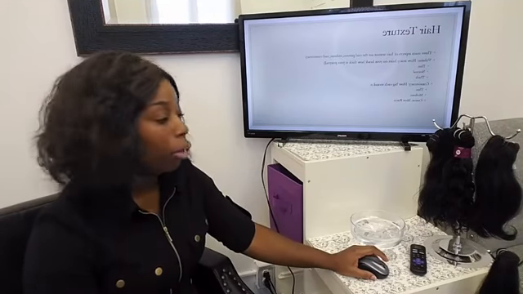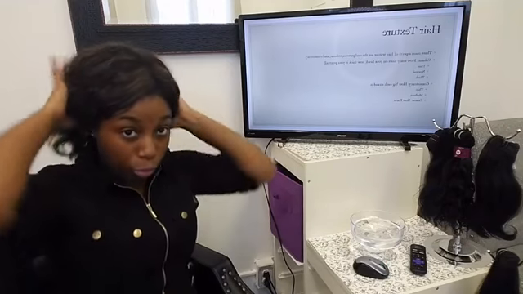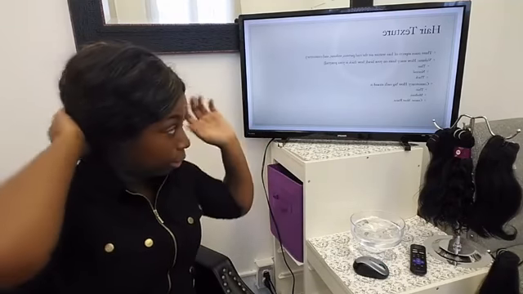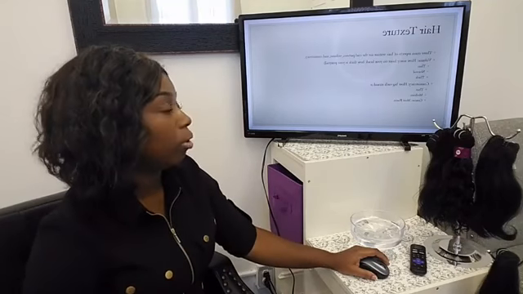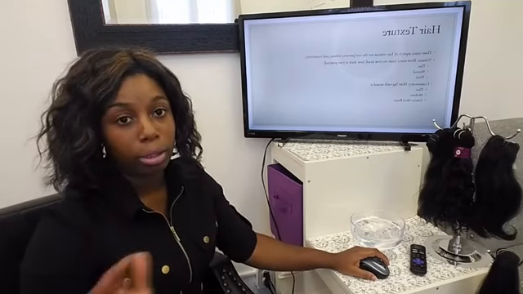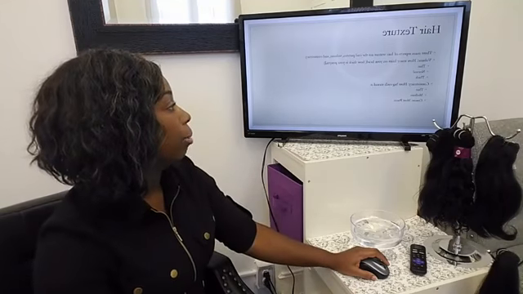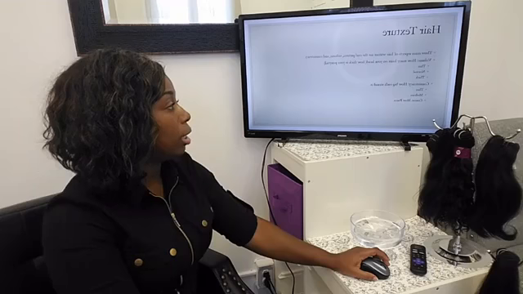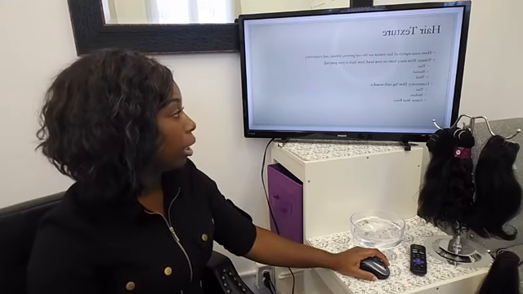So volume, again, is how thick your hair is. If you were to put your hair back in a ponytail, to determine if it was thin, normal, or thick, it's actually based on centimeters. And then consistency is how big each strand is, whether it's thin, medium, or coarse.